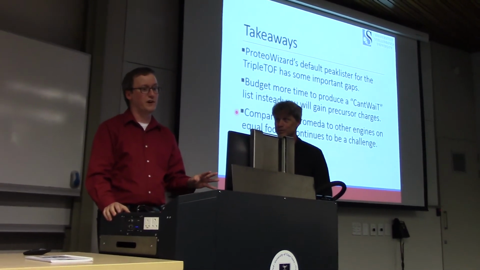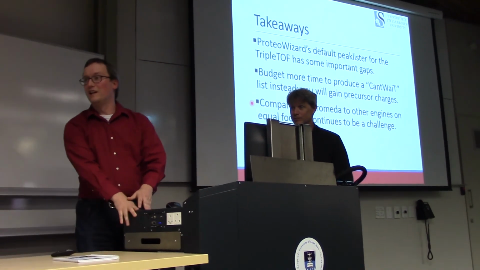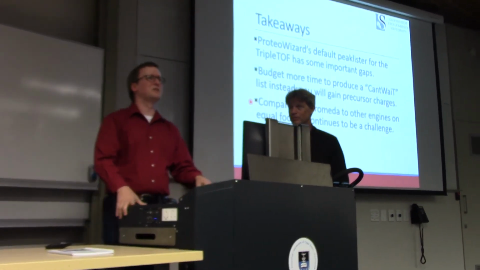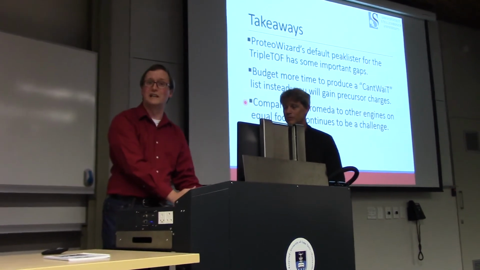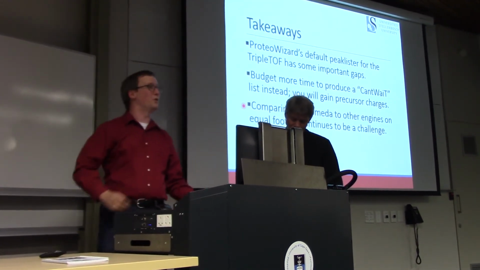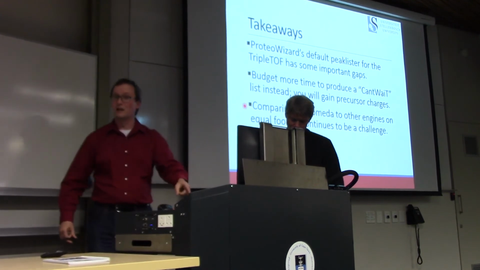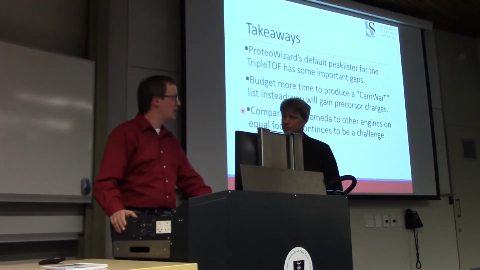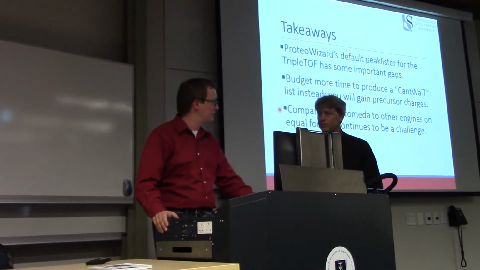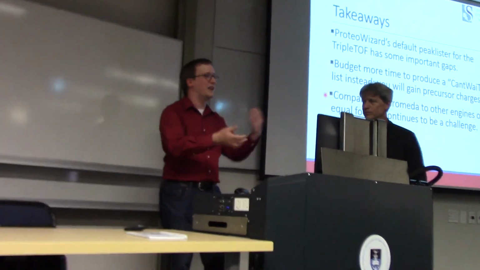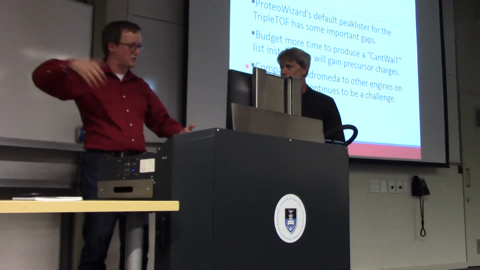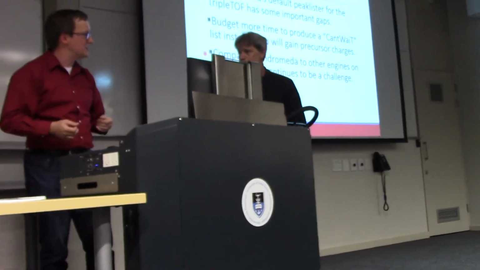I've worked with data from the QSTAR XL and the QSTAR Pulsar, is that right? Is that a model? And then suddenly the QSTAR Elite came on and I started paying attention. I was like, whoa, hey now, these are looking a lot better. And I have to say that when CPTAC did work with the TripleTOF, I became pretty impressed with what was achievable. For the first time, I really felt like there was parity between the best instruments from this world and from that world in producing IDs.